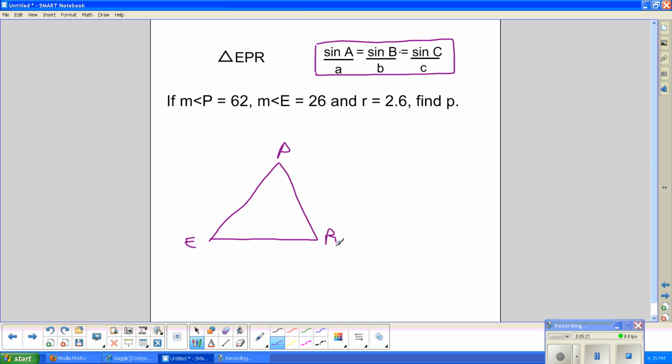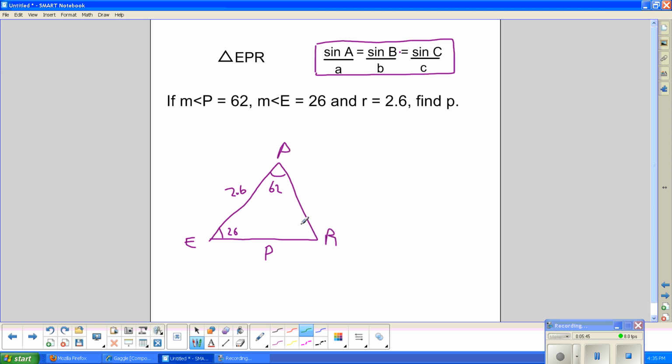That's not to scale. Angle E is 26 degrees, angle P is 62 degrees, little r is 2.6, and they want us to find little p, which I'll mark across from P.